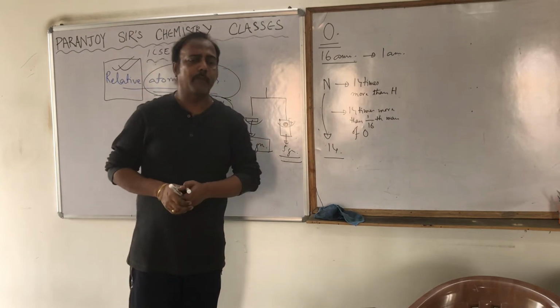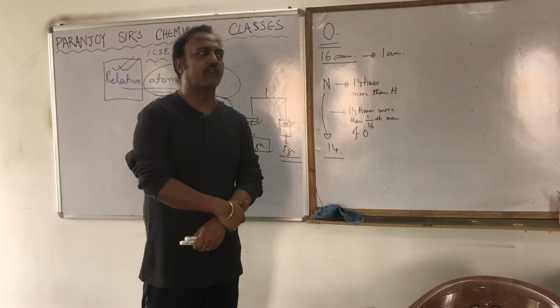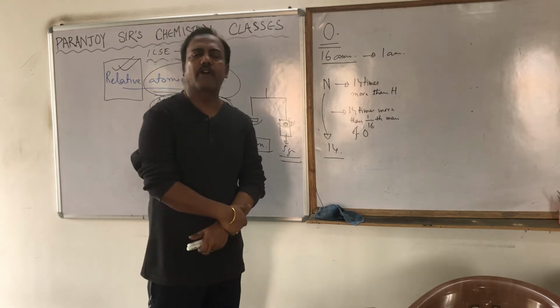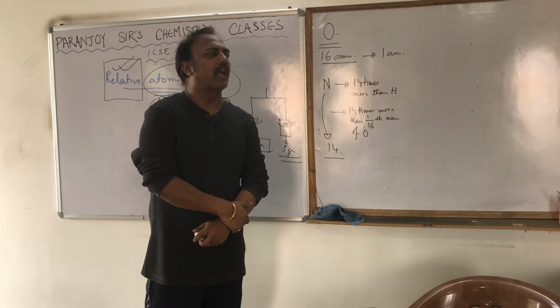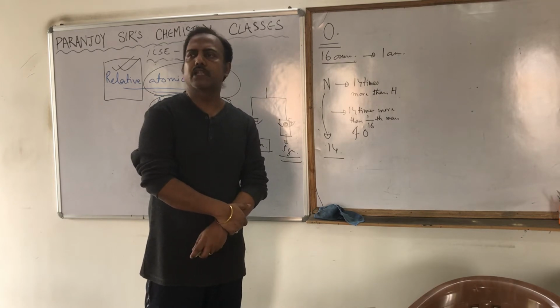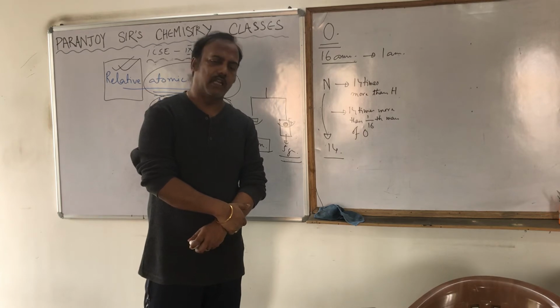But a problem has been found with taking oxygen as the standard also. Because it had been found that oxygen is not reacting with every element, and it is not possible by considering oxygen as the standard to find out the mass of the other atoms.